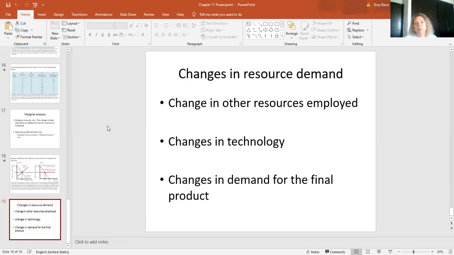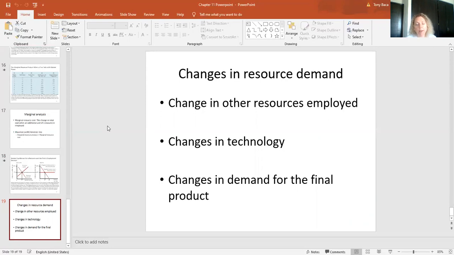We know that if firms find a substitute resource, just like if you and I find a substitute good, we're going to substitute the cheaper one in and substitute the more expensive one out. The same goes for resources. So as firms discover new resources, as the prices of other resources change, that can shift the demand curve for other substitute resources in the market.